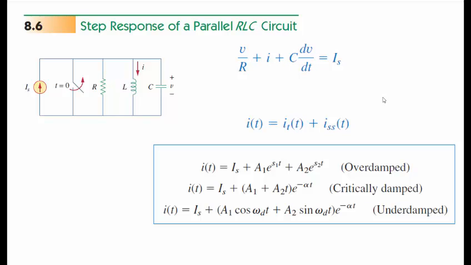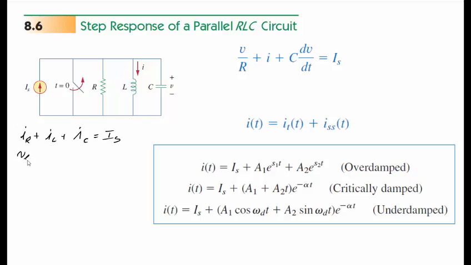So let me just go back and see. I should have done it on the other circuit, but I can do it in this and you'll see that the same thing occurs. So remember, for this parallel circuit we are doing a KCL, and an IR plus an IL plus an IC, and it's going to equal an IS in our forced solution.